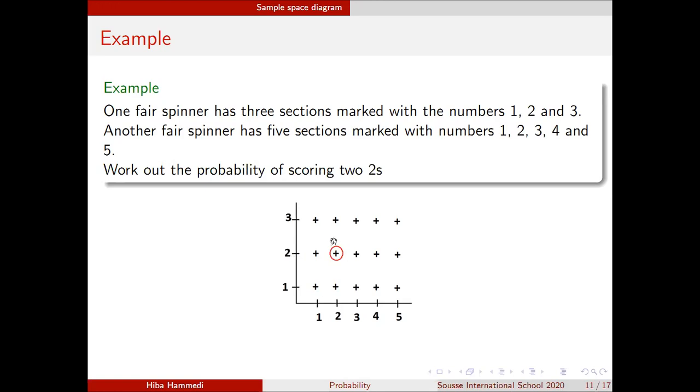So the only possible way of having 2 twos is a 2 from the first spinner and a 2 from the second spinner, which is this particular event. So among 15 possible outcomes, I only have 1 that gives you this event. So the probability of scoring 2 twos is equal to 1 over 15, right?